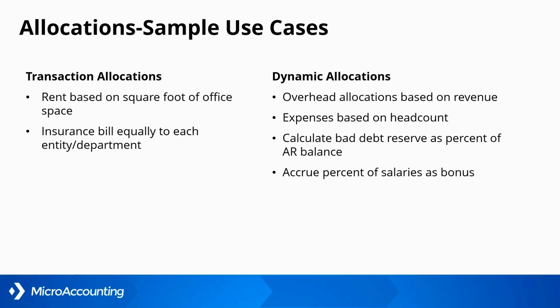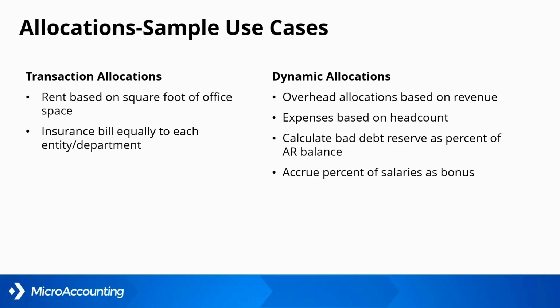So if I've got balances in one GL account, and I maybe want to move that to another GL account for purposes of reporting. Again, remember, I can report with or without these allocations, so these are going to be posted into a separate book. So if I have a balance in one account and I want to move it to another account for reporting purposes, I can do that by using this allocation module.